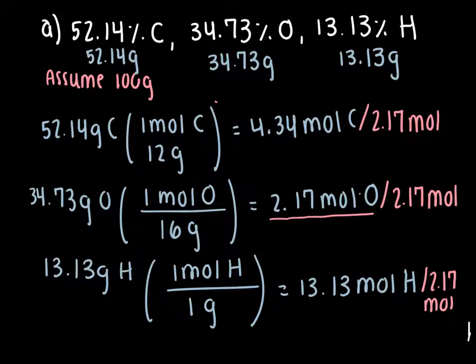This gives us ratios of 2 moles of carbon for every 1 mole of oxygen, and 6 moles of hydrogen for every 1 mole of oxygen. So we end up with an empirical formula of C2H6O.